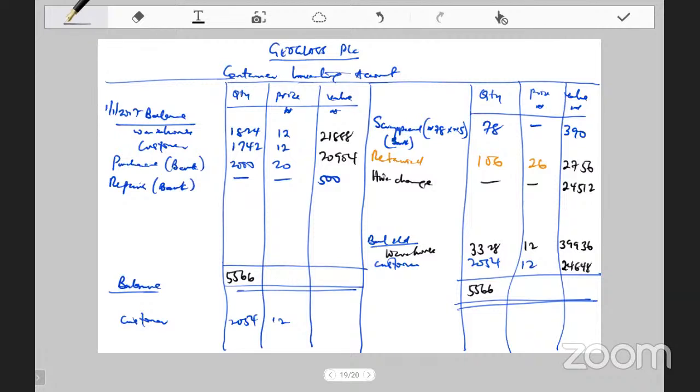That's 390 plus 2756 plus 24512 plus 39936 plus 24648.